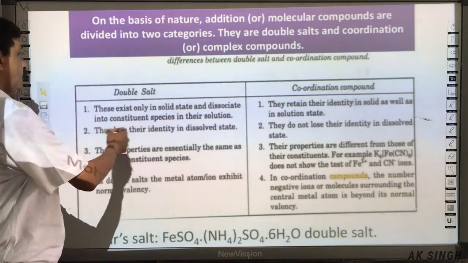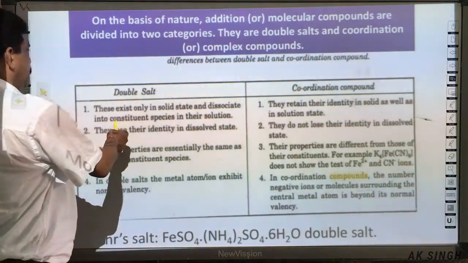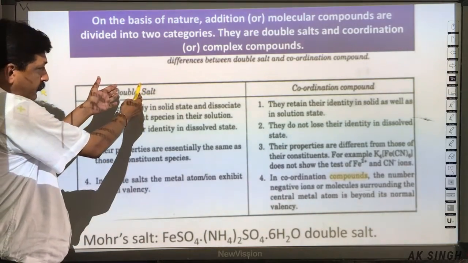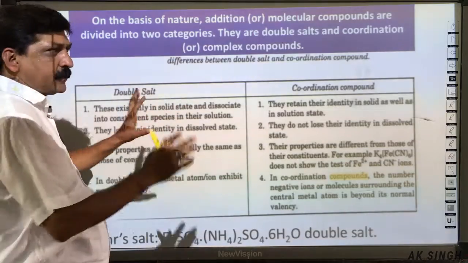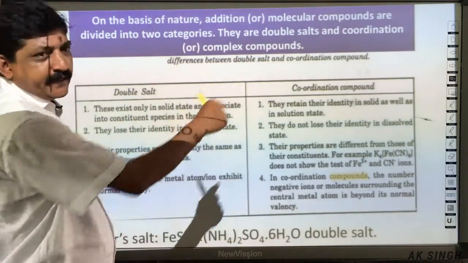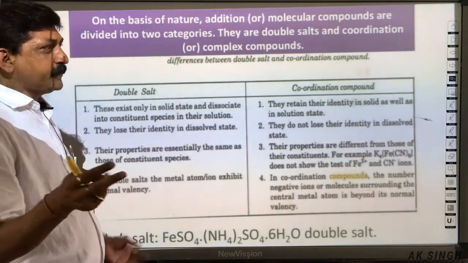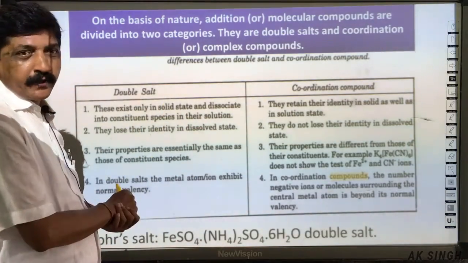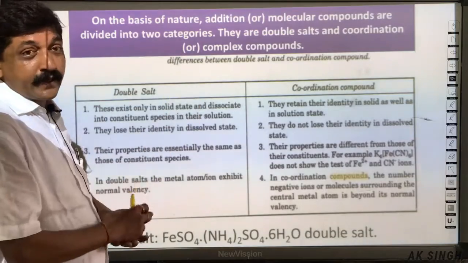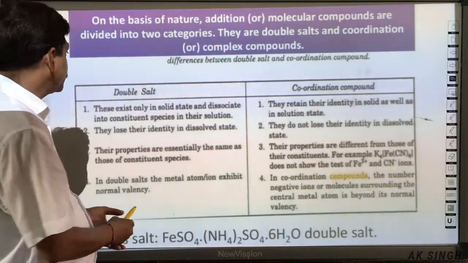Just see what happens. In the preparation of a double salt, we normally take the equimolar solution of the two compounds. As in that case, potassium sulfate and aluminum sulfate, the equimolar solution is mixed with water and evaporated by heat, and that will give the Fitkiri or the potash alum.